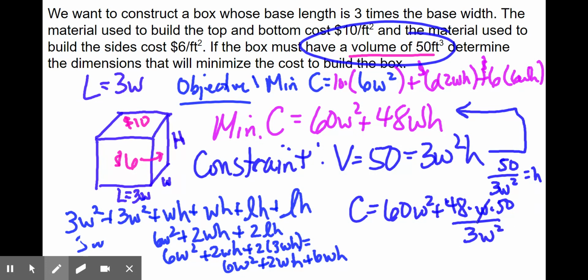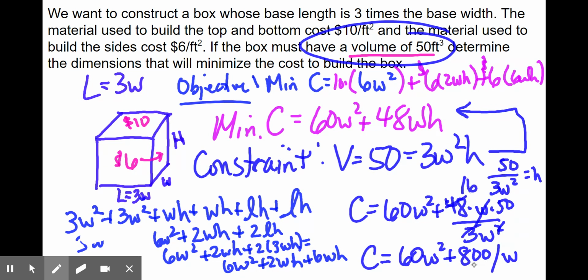All right, so let's cancel some stuff. W and W goes away. 3 goes into 48 16 times. So C equals 60W squared plus 16 times 50, which is 800 over W.